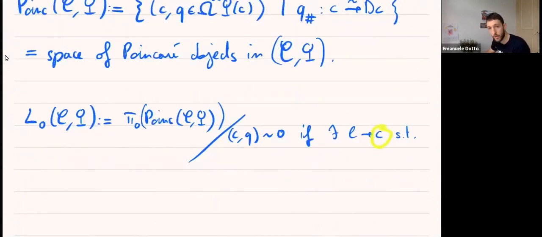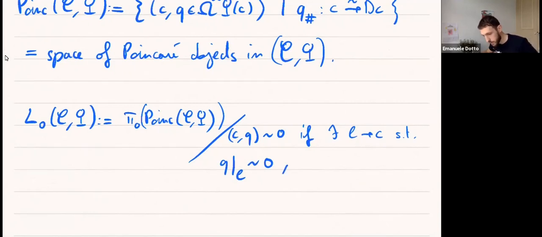So if I have a point Q in QC, I can pull it back to a point in QL, and I call this point the restriction. And I want this to be 0, homotopic to 0, so in the same path component as 0.